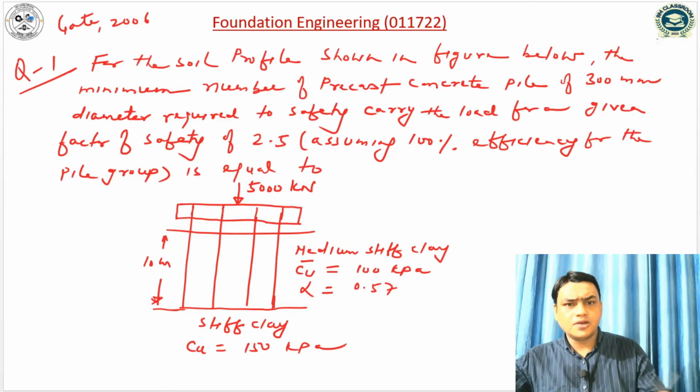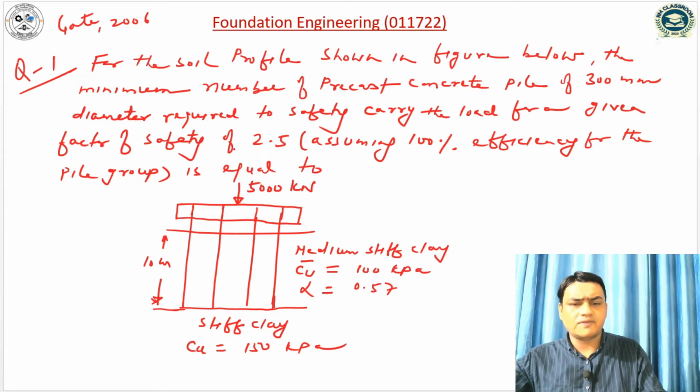For the soil profile shown in the figure below, find the minimum number of precast concrete piles of 300 mm diameter required to safely carry a load, for a given factor of safety of 2.5, and assuming 100% efficiency for the pile group.